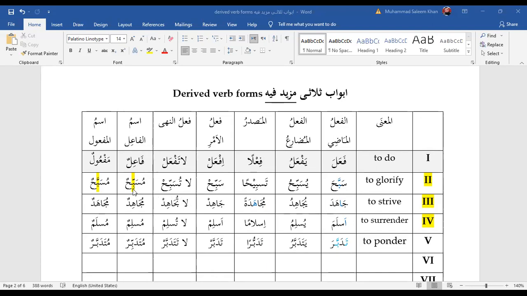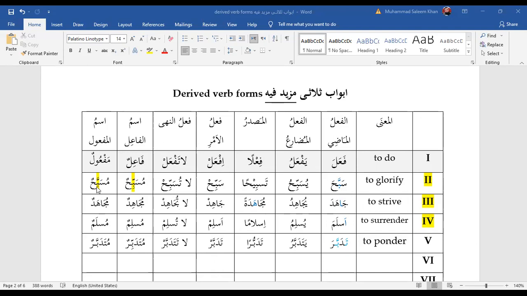Ism al-fa'il will be musabbihun. This is the one that sister you are talking about, that from the form number 2 to 10, the doer will always be like this. Musabbihun, meaning the second last root letter has kasra. Whereas Ism al-maf'ul will always be on the pattern of musabbahun, where the second last root letter has fatha.